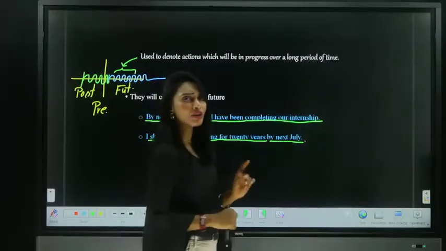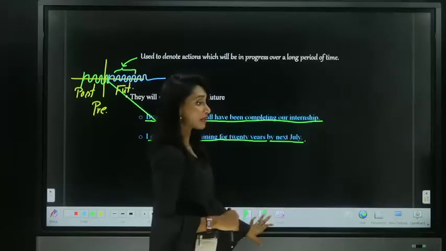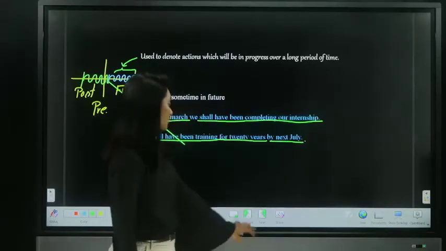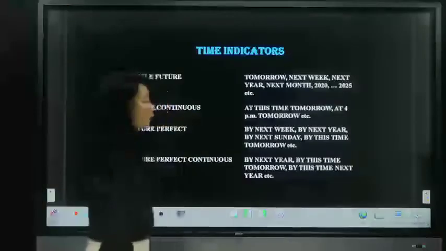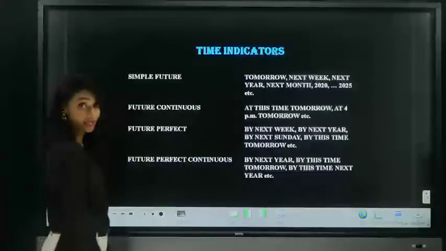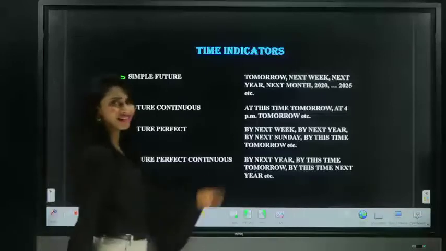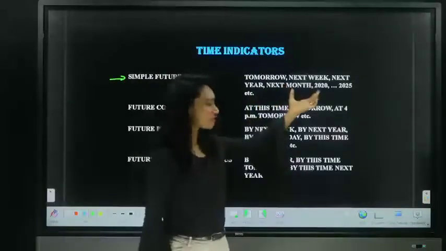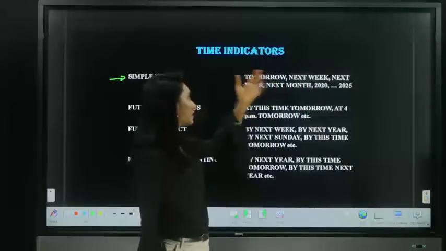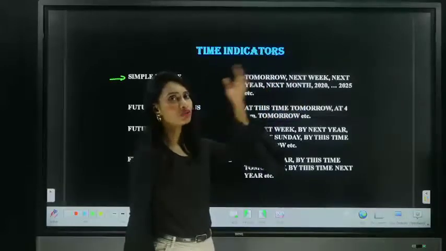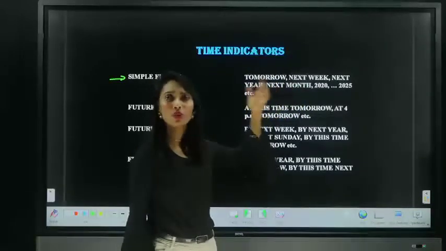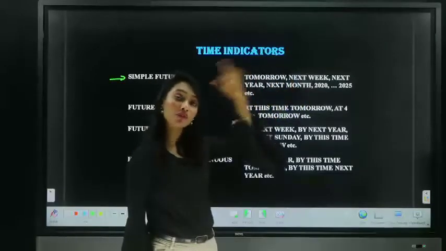So all you have to remember is time indicators. Time indicators play a vital role. Hence, mind time indicators. For simple future tense, the time indicators are tomorrow, next week, next month, next year. So 2020, 2025, 2022, whatever it is, it talks about the future.